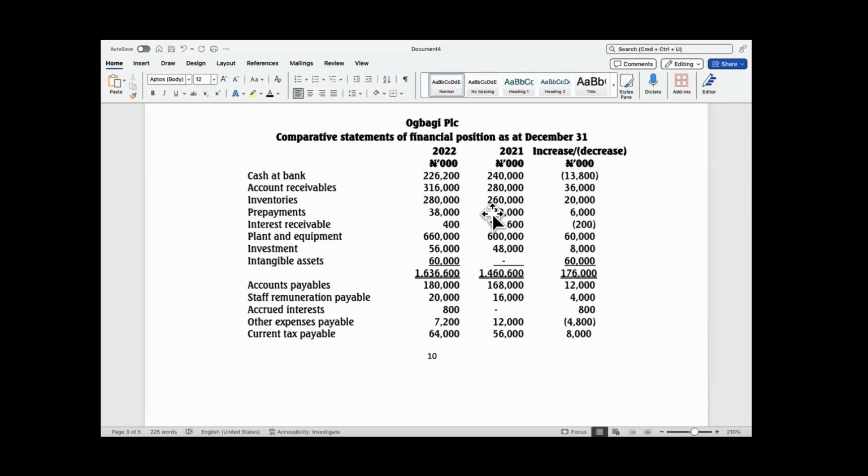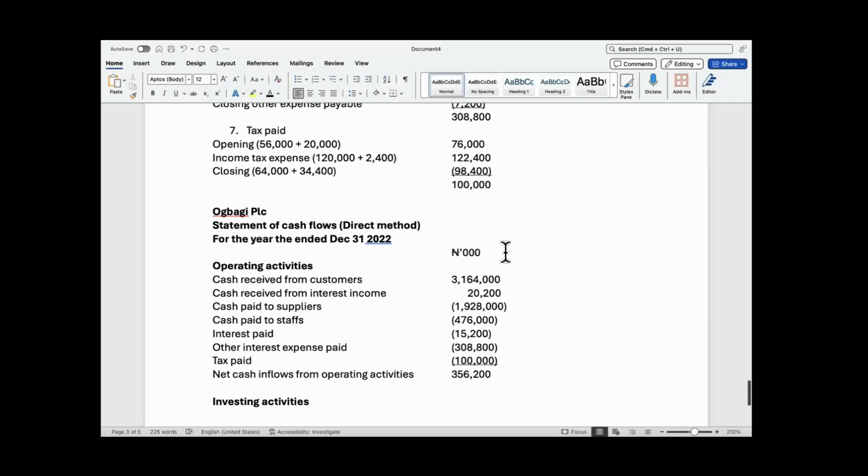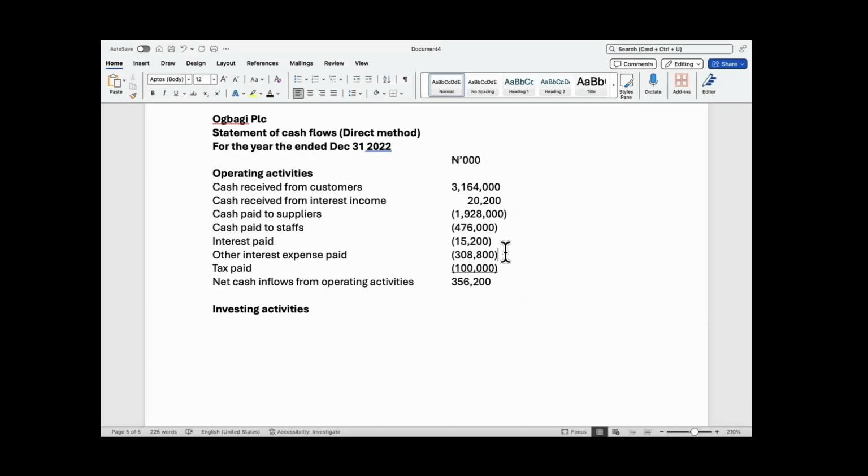So I need to consider the movement. And you will see here, there is an increase in prepayments from 32,000 to 38,000. So I can easily put it in my investing, or in a simpler way, if you wish, do the same way you do your indirect, but this is not the indirect method, this is the direct method. Prepayment can be, maybe you paid rent for 4 years, that's an investment.